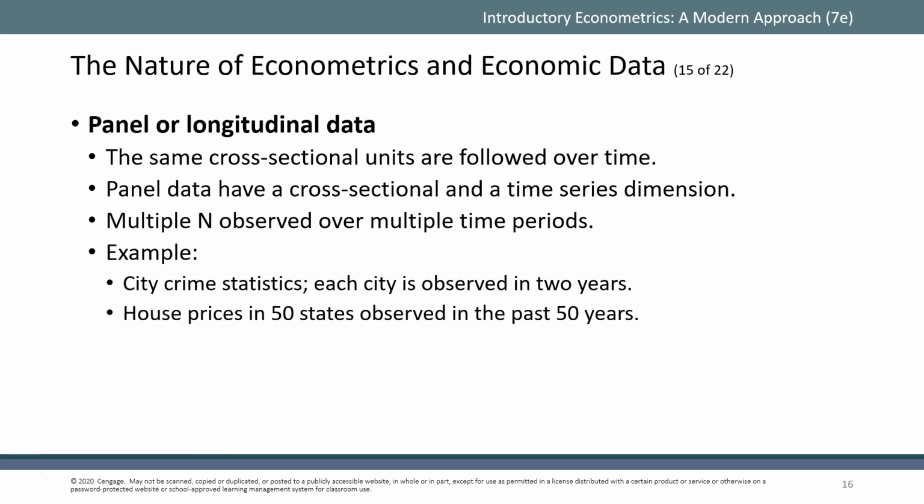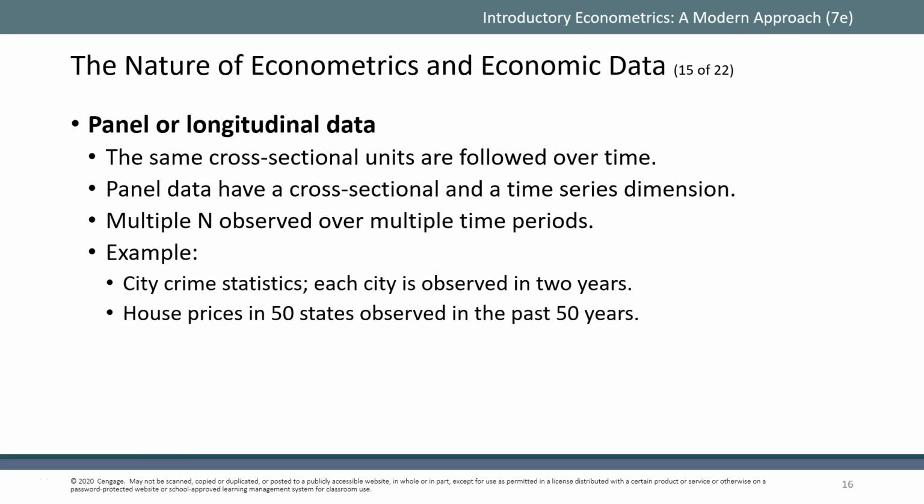So see, in this case, you have N equals 5, and here you are observing the same entities over multiple time periods. In the pooled case, you were not observing the same entities over multiple time periods. Those were different entities. But here, in the case of panel, same entities, and you are observing their data over multiple time periods.